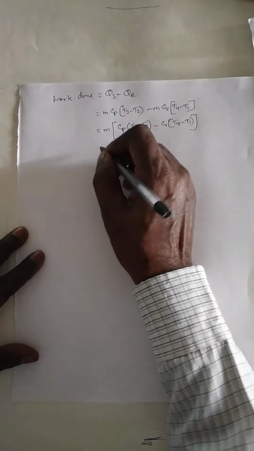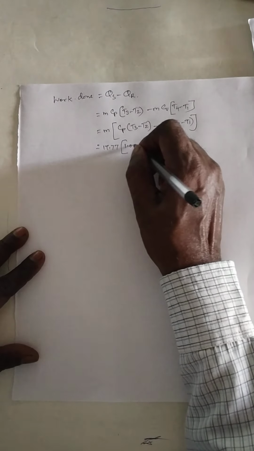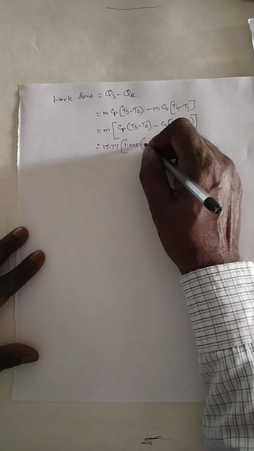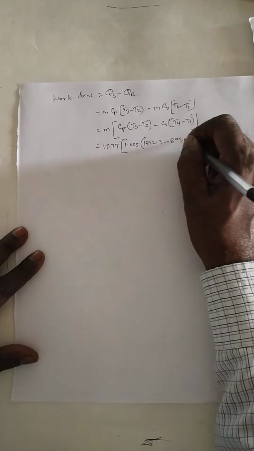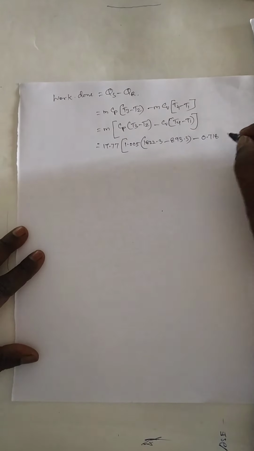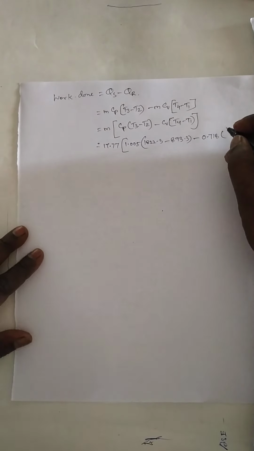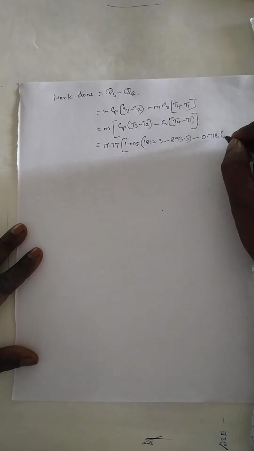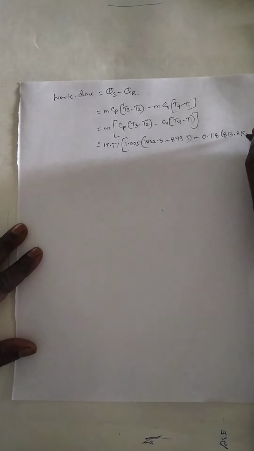Now substituting the values: 17.77, Cp is 1.005, T3 is 1822.3 minus 893.3, minus 0.718, that is the Cv value which is given in the problem, then T4 is equal to 813.8 Kelvin minus T1 is equal to 300.